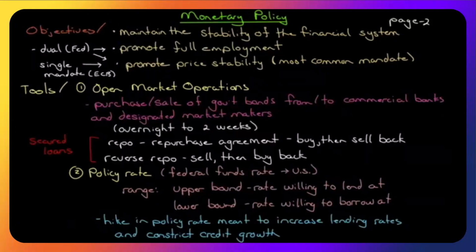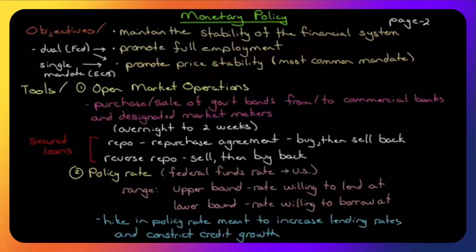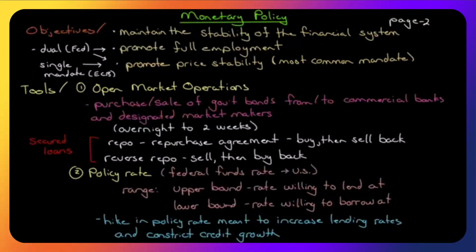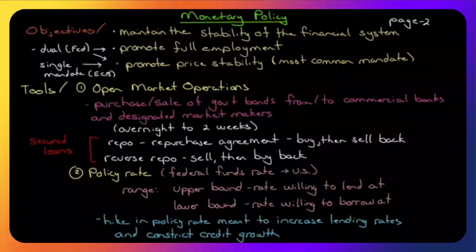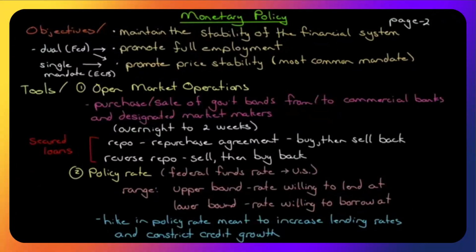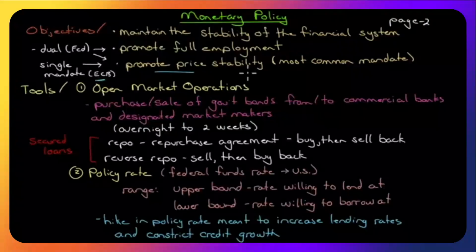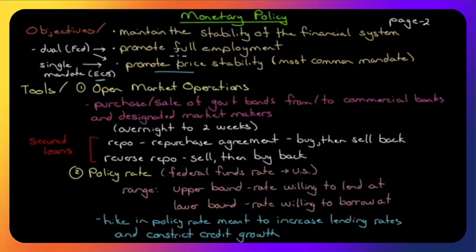Okay, objectives of central banks. There are 3 of them listed here. While all central banks have these as objectives, they don't always have them as their primary mandate. For example, the ECB's primary mandate is to promote price stability, whereas the Fed has what's called a dual mandate: promote full employment and promote price stability.